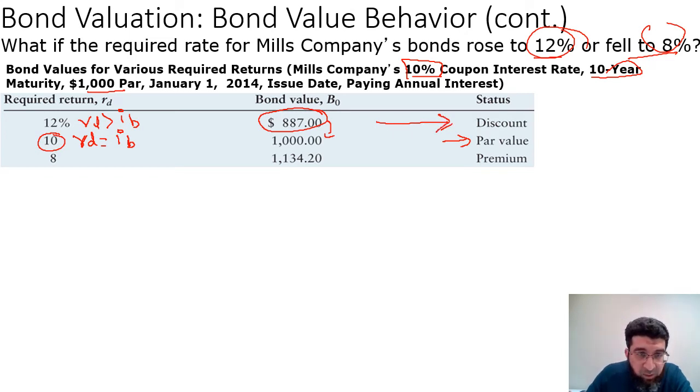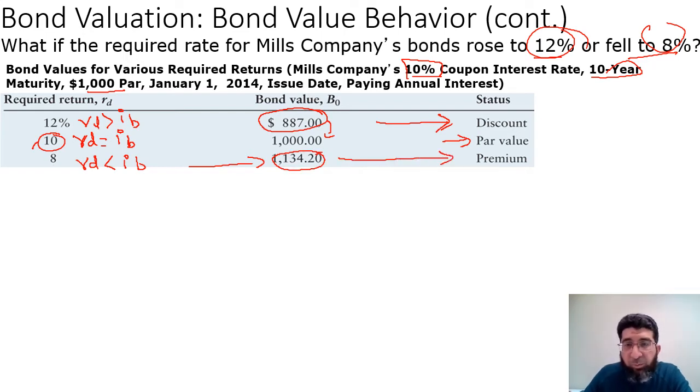Then the third scenario, where the required return is less than the interest rate on the bond, will lead to a higher price, and it is said that the bond is traded at a premium. Now let's look at the dynamics of all three scenarios.